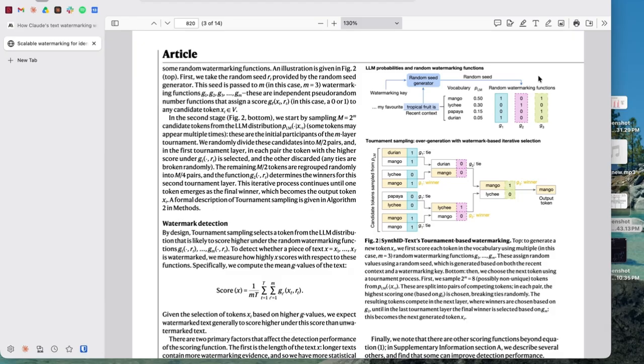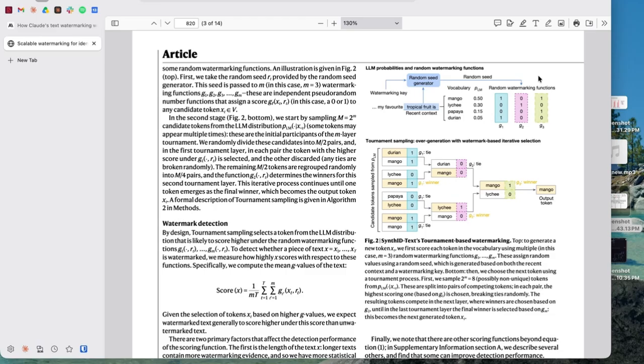So let's imagine in the second round, our vector is 0, 1, 0, 0. So we have zeros for everything except lychee. Anytime you get lychee, lychee's going to win. Anytime you get something else, it's going to be at a disadvantage. Again, ties get just selected randomly. So coming out of that second round, maybe we have a lychee that's made it through the first round of the tournament.